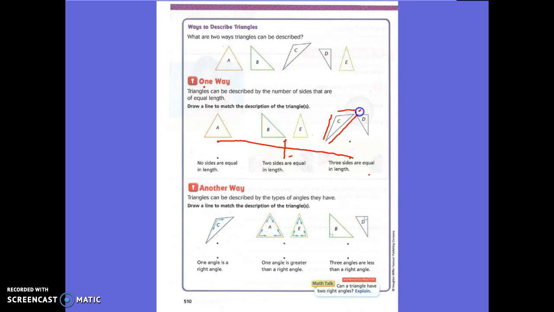And this one too. This has a short side and a medium side, and then a very long side again. So this one will go to no sides are equal. That's how you can describe a triangle. You can describe a triangle by saying it has three equal sides, it has two equal sides, or it has no equal sides. Okay? That's one way to describe a triangle.